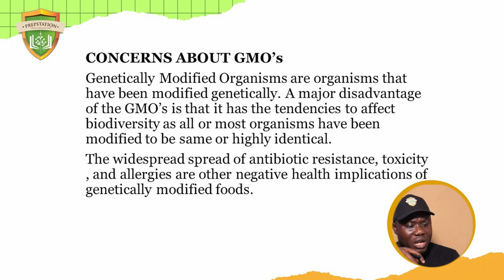Okay, so let's look at what we have here. Genetically modified organisms are organisms that have been modified genetically. A major disadvantage of this GMO is that it has the tendency to affect biodiversity, as all or most organisms have been modified to be the same or highly identical.